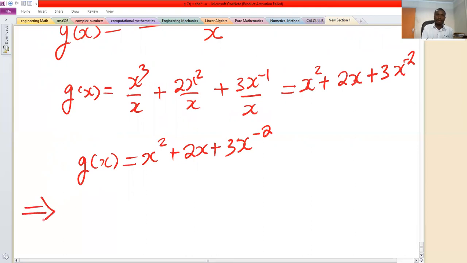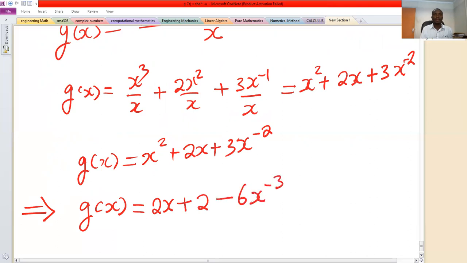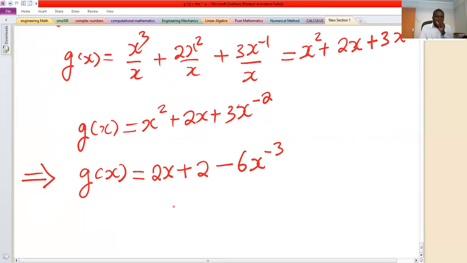So by power rule, it should be easy to see that this would be 2x plus 2 plus x to the power minus 2, which is the same thing as saying 2x plus 2 plus 1 over x squared. So that's how we solve that problem. Thank you.